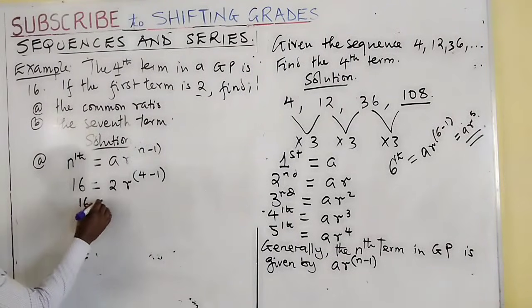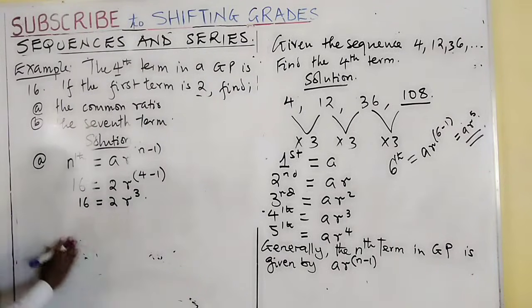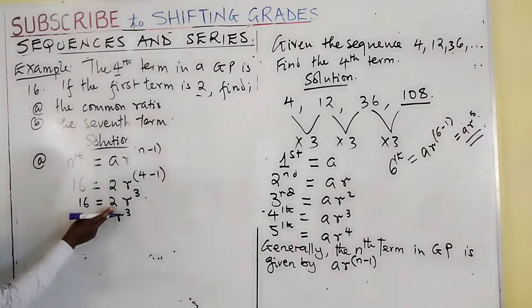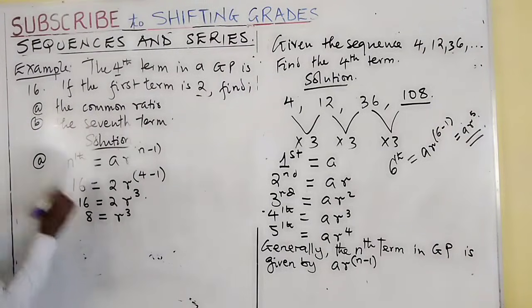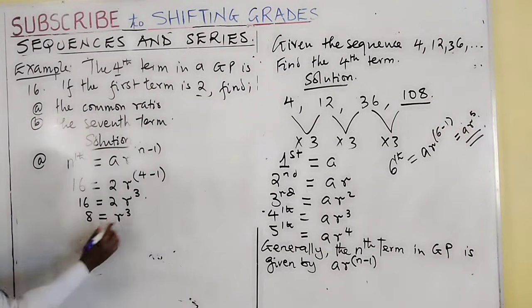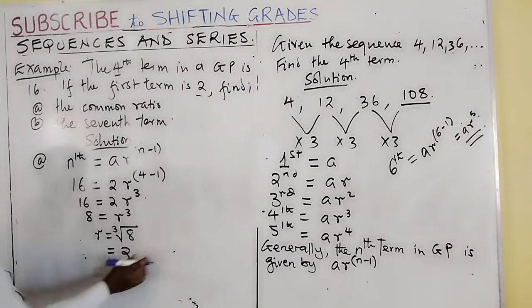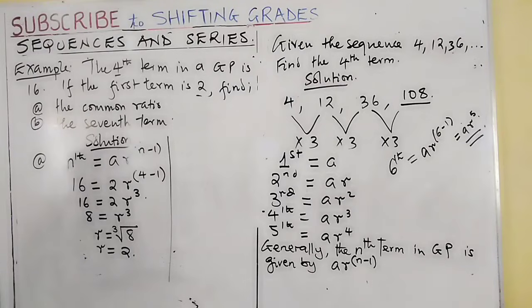Therefore, 16 equals 2 r cubed. So we can remain with r cubed on this side by dividing through by 2. Therefore, dividing through by 2, we'll have r cubed, and this becomes 8. So now to obtain r, because this is r cubed, it means we will take the cube root of 8. Therefore, the cube root of 8 is 2. So r in this case is 2. The common ratio will be 2.